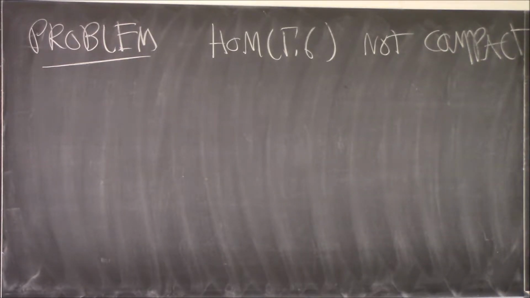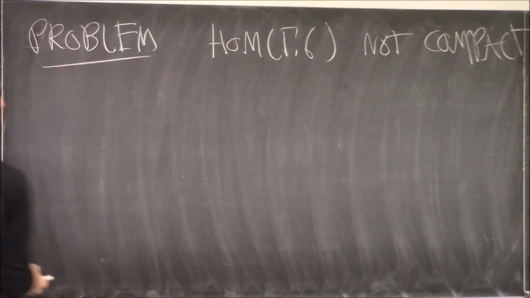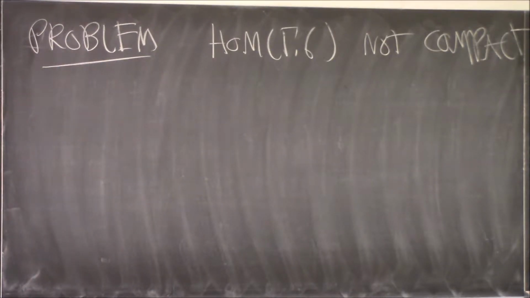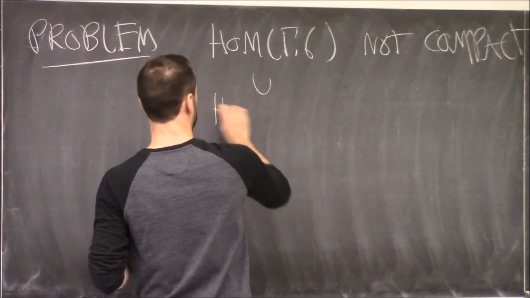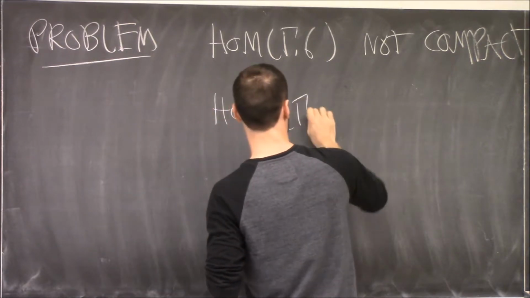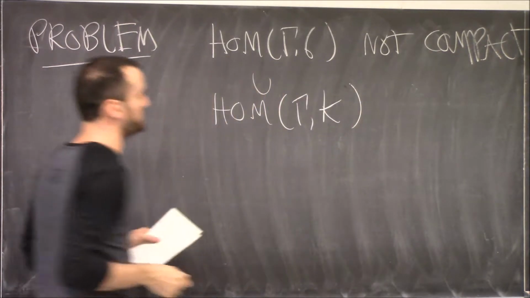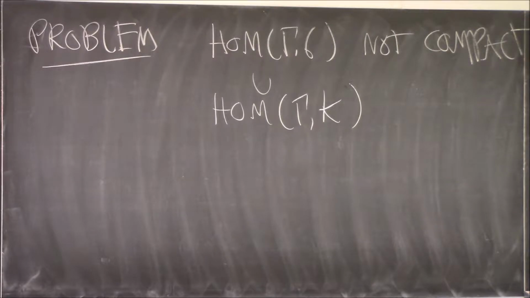And so the first kind of naive iteration to get around this problem is you say, well, Hom gamma G has a kind of natural, in some sense, compact space sitting inside of it. Namely, you can take the subspace Hom gamma K, where K is a maximal compact subgroup of G, and look at this space of representations.